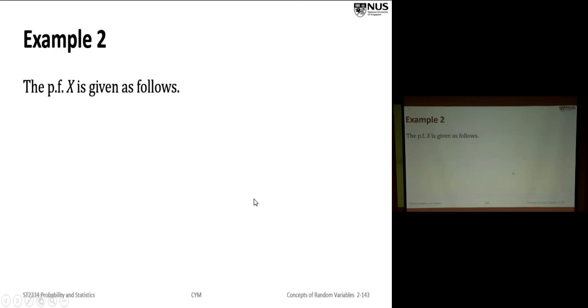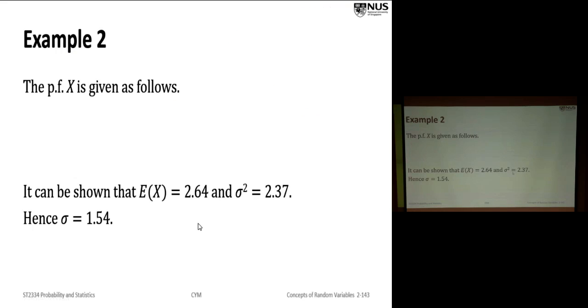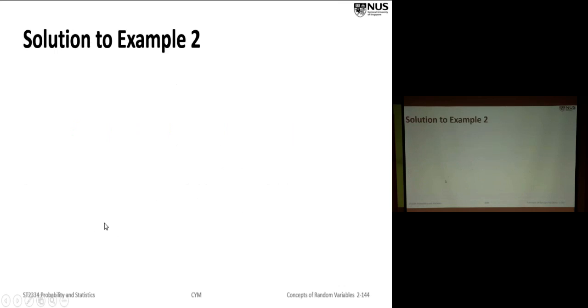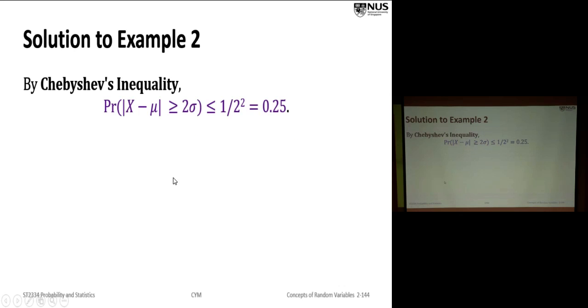All right, here's another example. We are given this probability function, and the expectation of x and the standard deviation is 1.54. By applying the Chebyshev inequality, the chance that x is outside 2 standard deviations of the mean is at most 0.25.